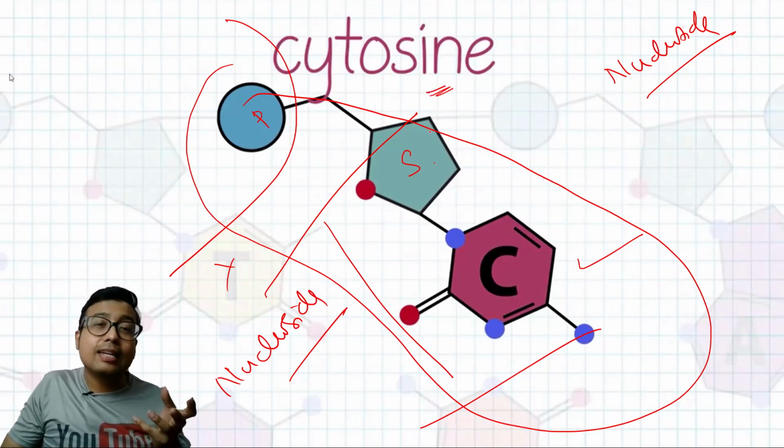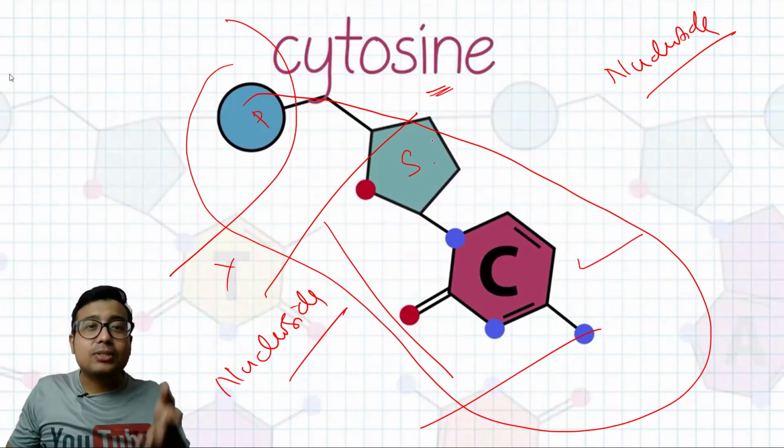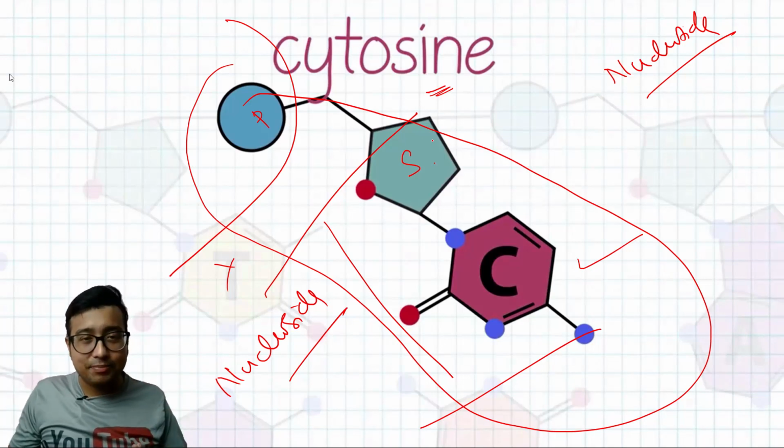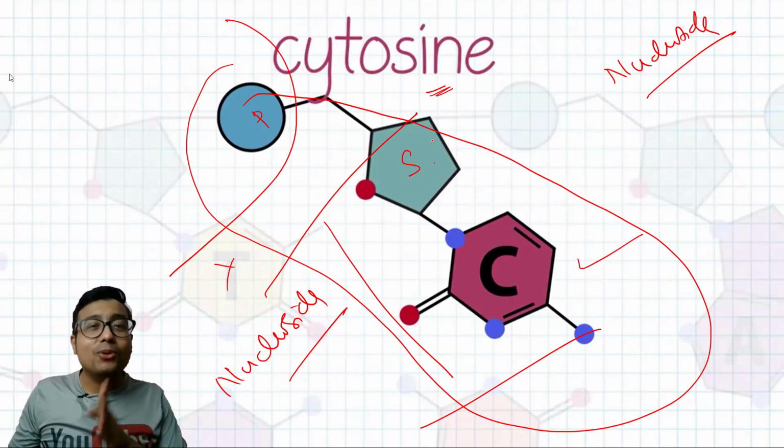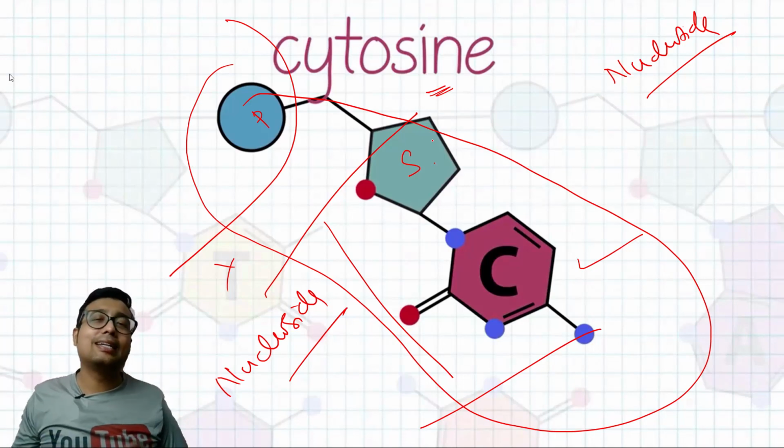Okay, so what's the example of nucleoside? These, adenosine, guanosine. Okay, they are examples of nucleosides. So adenosine monophosphate, adenosine diphosphate or adenosine triphosphate, whenever we add a phosphate group it becomes a nucleotide, right?